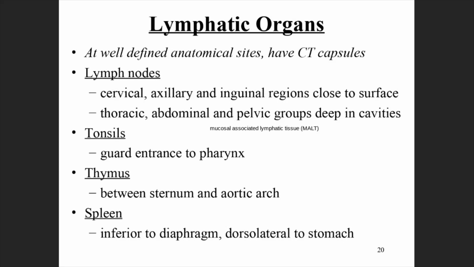Or if it's associated with the bronchus, right, it's known as BALT, for bronchus associated lymphatic tissue. And then, of course, there is also a cluster of immune cells that sit underneath the muscular externa, above the muscular externa but underneath the mucosa, right, in the submucosa of the small intestine, for example, and this is known as Peyer's patches.